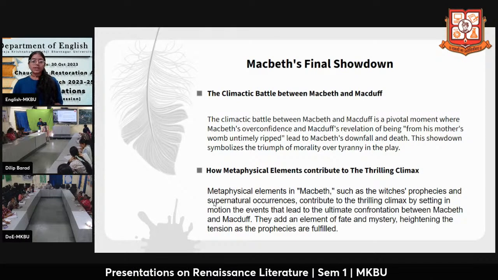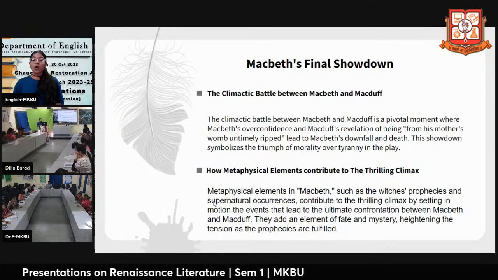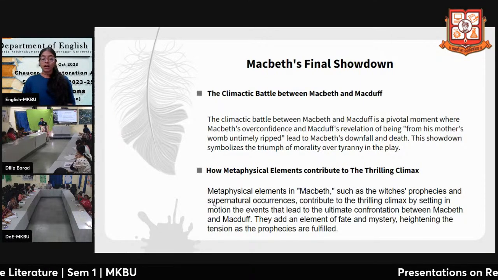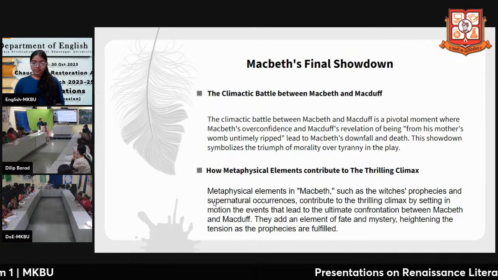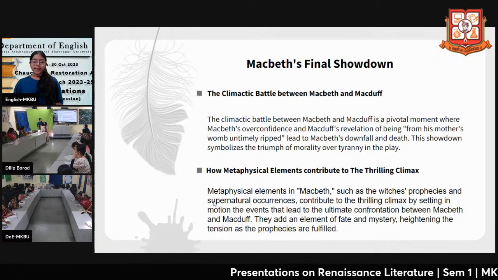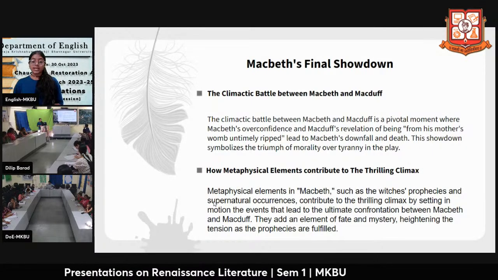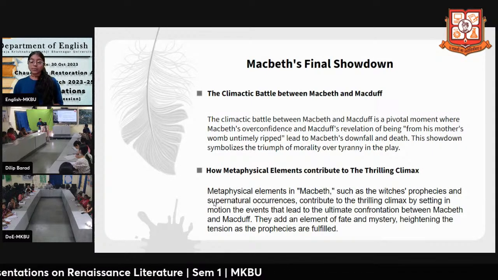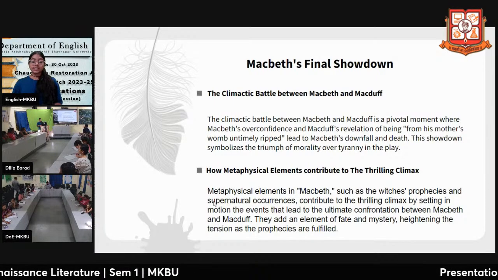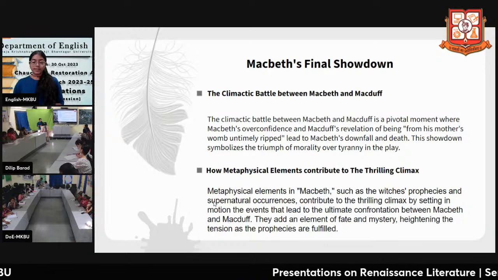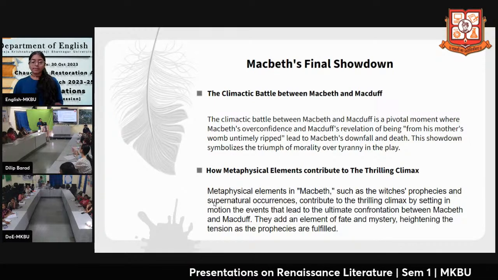This showdown symbolizes the triumph of morality over tyranny in the play. How metaphysical elements contribute to the thrilling climax. Metaphysical elements in Macbeth, such as the witches, prophecies, and supernatural elements, contribute to the thrilling climax by setting in motion the events that lead to the ultimate confrontation between Macbeth and Macduff.